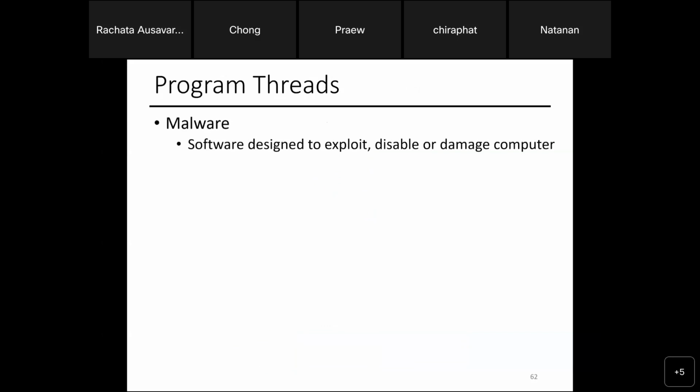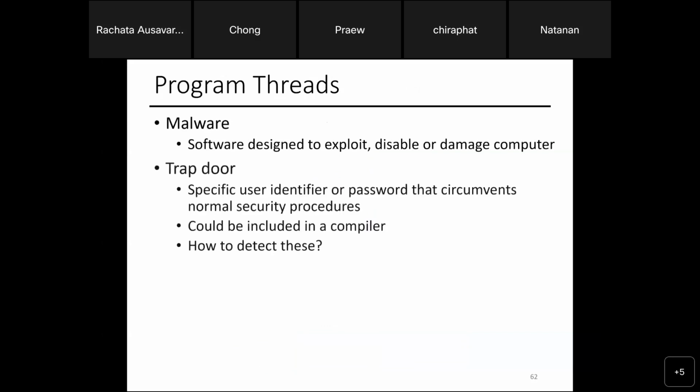Malware is designed to exploit, disable or damage a computer. You can have trapdoors, which can even be included in a compiler, that would look at your user identifier and allow you to circumvent security procedures. Think of an actual trapdoor that, if you walk on it, moves you to another room, like a trapdoor in a game, things like that, right?